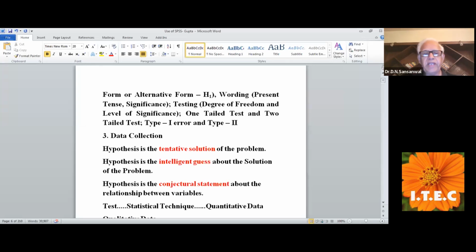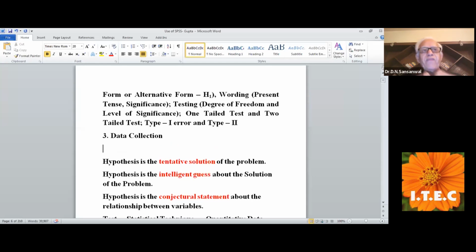So therefore, in the data collection, if you are doing philosophical research, please listen carefully. If you are doing philosophical research, then you have to collect the data by using the primary source. I repeat, you have to collect the data by using the primary source.